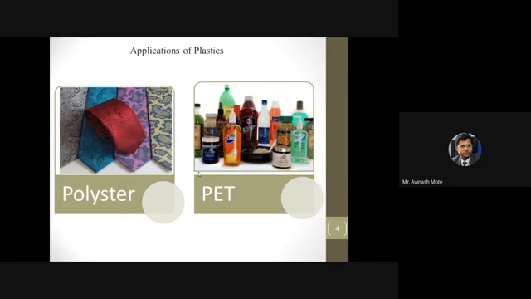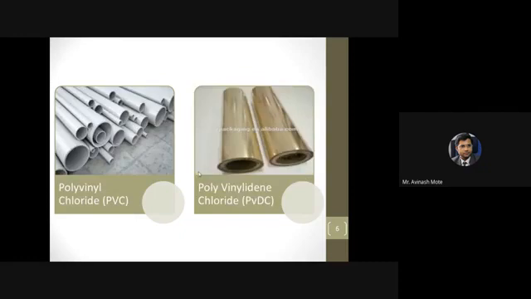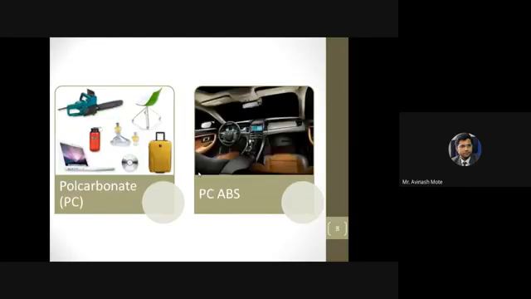And the last one is polyester. The application is textiles or fibers. So these are the different applications of plastic. Now see, we have covered each and every area: clothing, bottles, carry bags, plastic bottles for food packaging and oil packaging, carrying pipes, food packaging material like nylons, electronic equipment, automobiles, carry bags, discs.